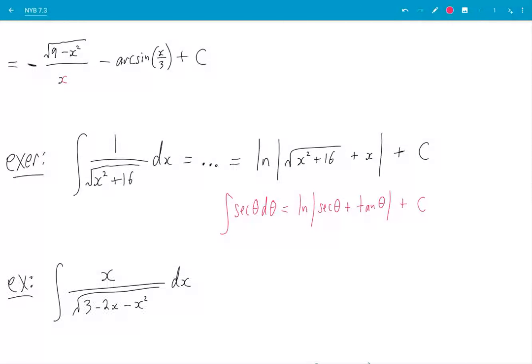Okay, example, a real nasty one. This doesn't resemble anything so far. But what I remember from Sec 5 math is that I can complete the square, and I'll get something of the form a squared minus u squared, because that's what's driving me forward here.